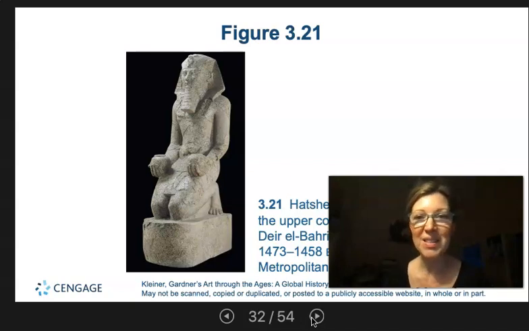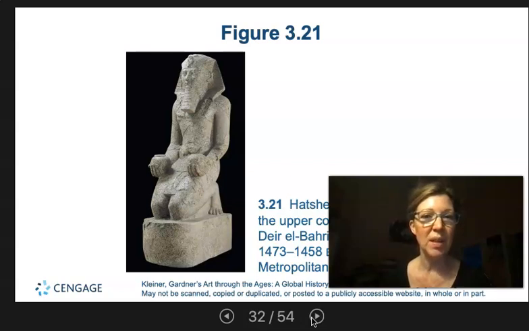There, we've got this kneeling statue. Her royal headdress and kilt indicate that she's pharaoh. And it's interesting that she's wearing the beard too, but I think that was also indicative of her status.